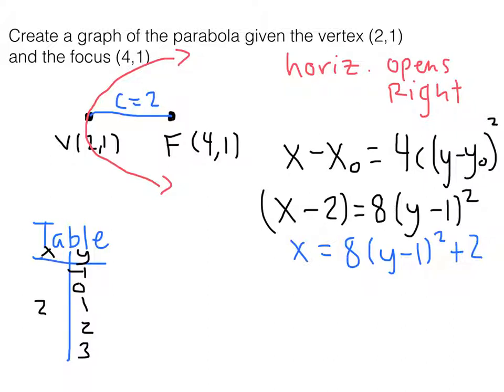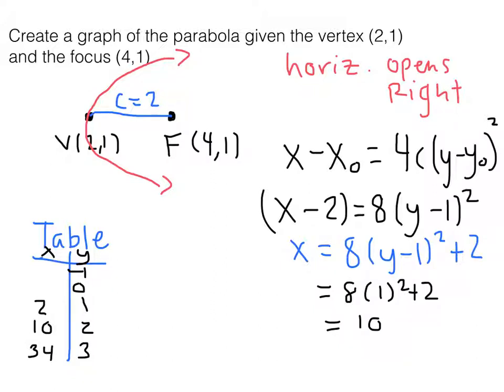So then when I plug in positive 2, I get 8 times 1 squared plus 2 equals 10. When I plug in positive 3, I'm going to get 3 minus 1 squared. That's going to be 4 times 8 plus 2 is 34.